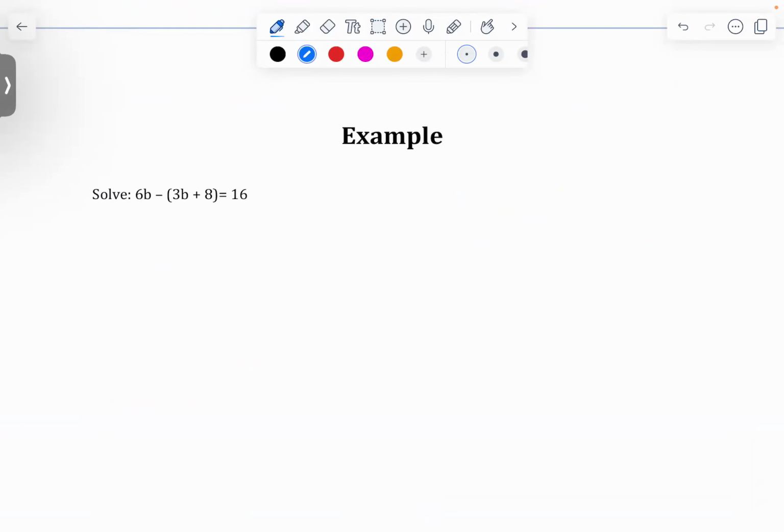Solve 6b minus the quantity 3b plus 8 equals 16. This is our big principle here, the rainbow. I have a negative in front of a parenthesis. All right, that's a hidden negative 1. That needs to be rainbowed into the equation. So this becomes 6b minus 3b minus 8 equals 16.